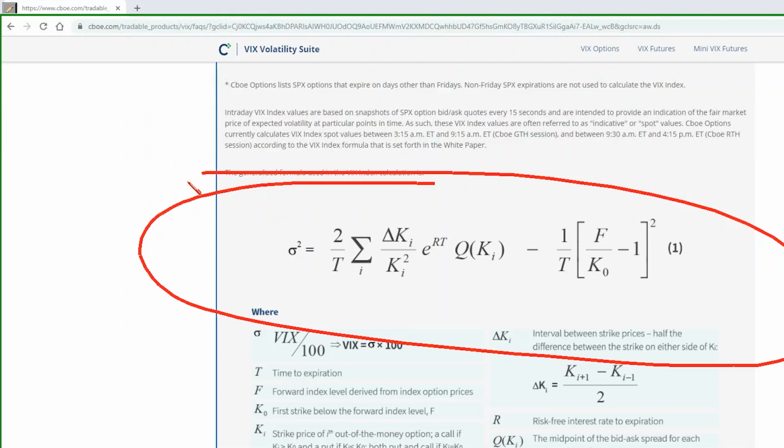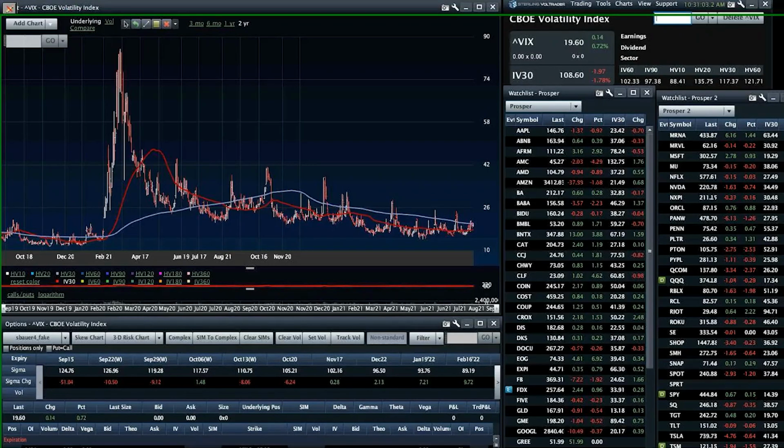You need to know the inputs and what makes option pricing move, but you don't need to know all the math behind it. But if you ever have time and interest, the CBOE website really will give you an extensive look into what the VIX means, its calculations, and other volatility products that are out there. It's actually a very, very excellent place to learn.